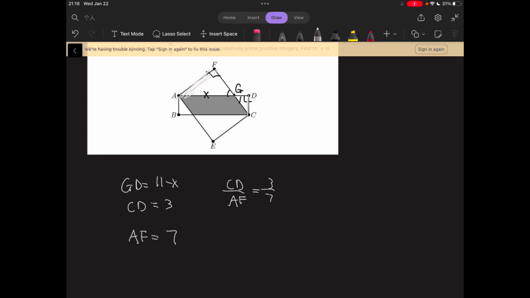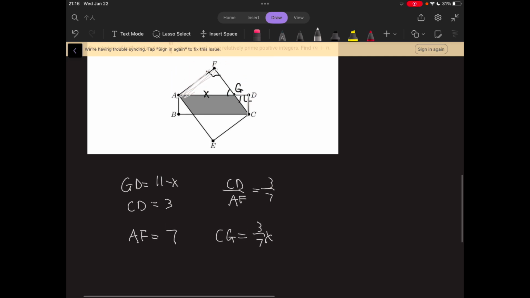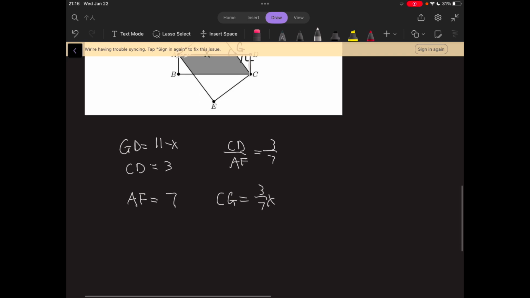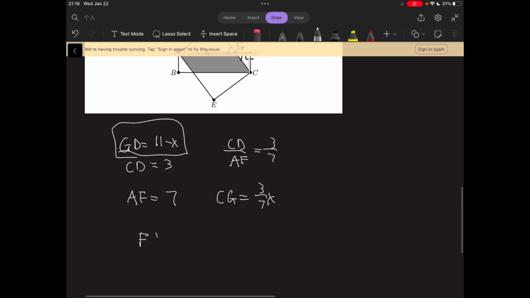Now, we know the similarity ratio, so we can plug numbers in. Do we know what CG is? We know what AG is. AG is X. So CG is going to be 3 over 7 X. Now, what is FG? Do we know what DG is? DG is 11 minus X. So what is FG?